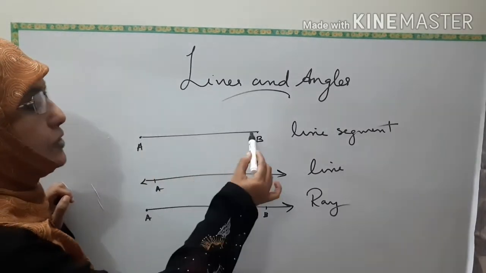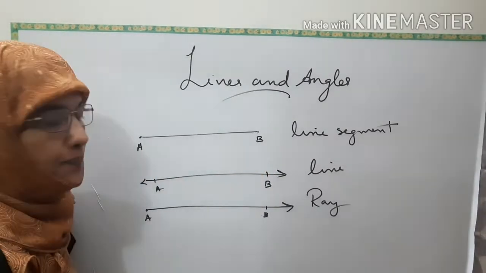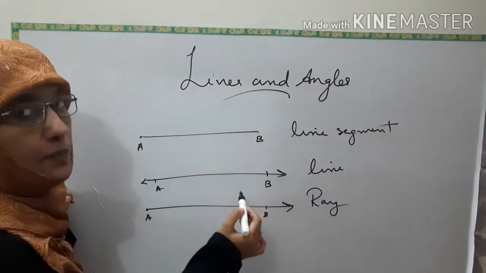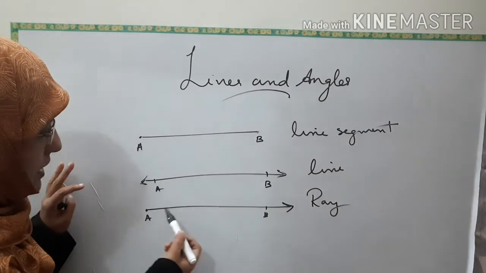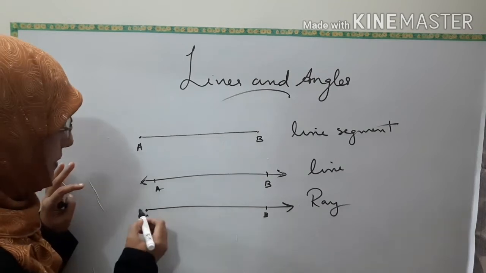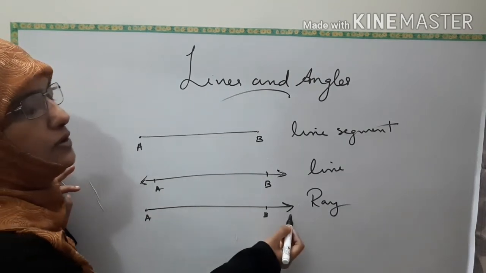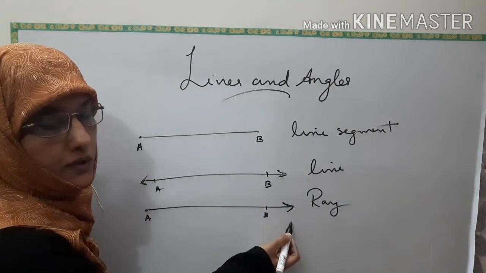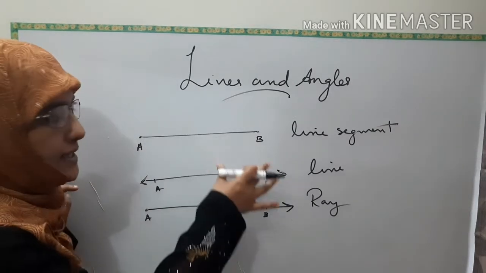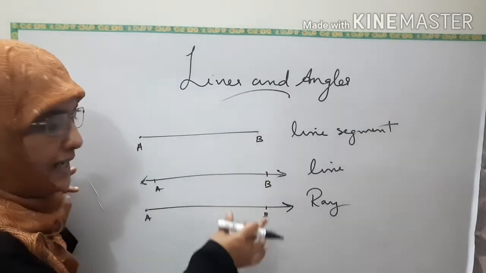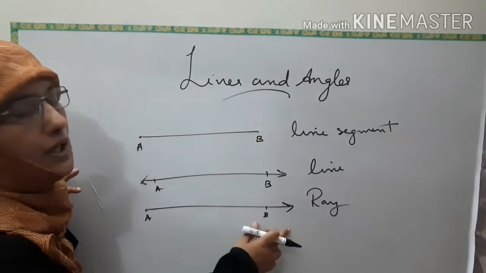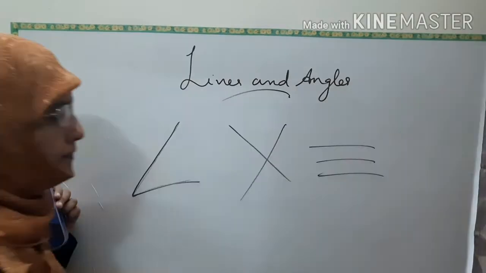A line segment has 2 endpoints, but a line doesn't have an endpoint. It goes on like that. Next is the ray. A ray has one starting point but no endpoint. So a line segment has 2 endpoints, a line doesn't have an endpoint, and a ray has one starting point but no endpoint.